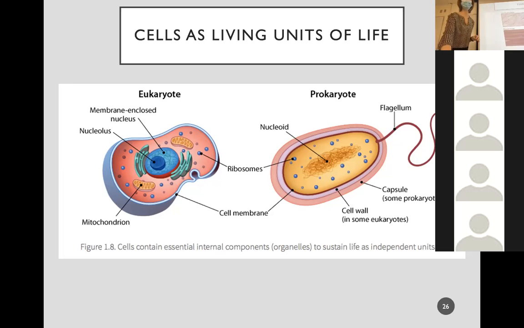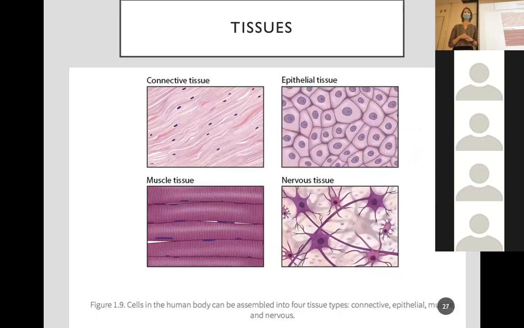And tissues. This is probably new to you. These tissues you're going to be really familiar with in a few weeks, maybe more than a few weeks. We are going to be going into detail on the 4 main tissue types in the human body. This is usually new for most people.